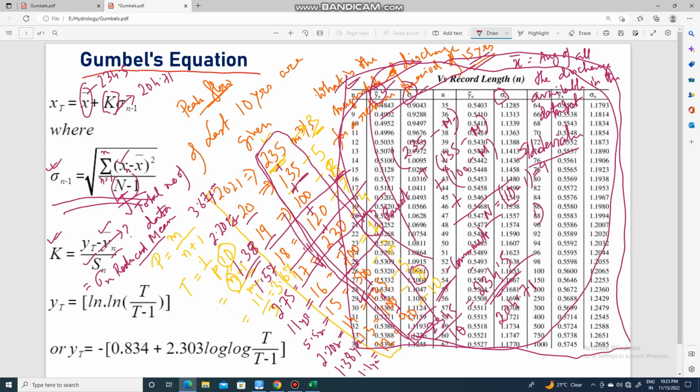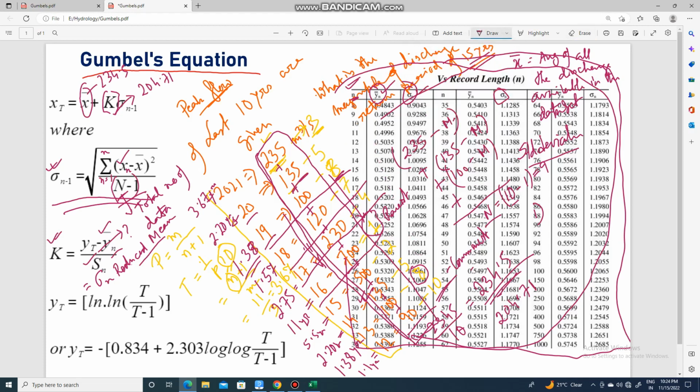And this can be found out with the help of this chart or table, where n is the total number of data that is available in your data set. Suppose for our case, there are 10 data available in the data set. So you see this n is the total number of data that you have. So for our case, it is 10.